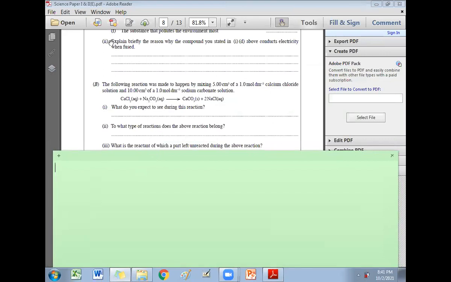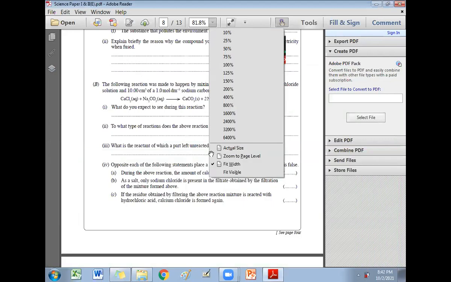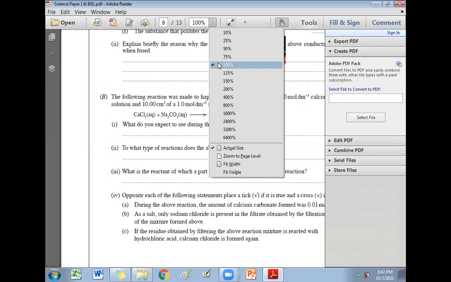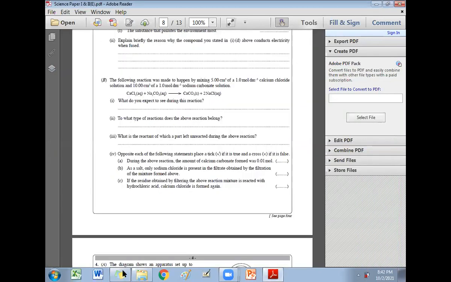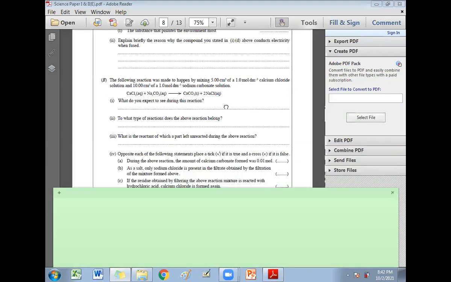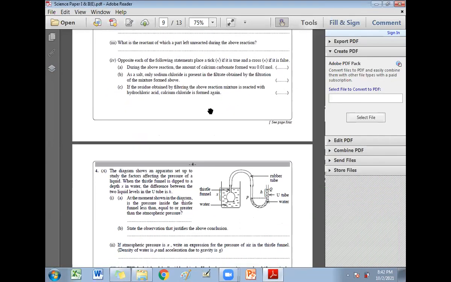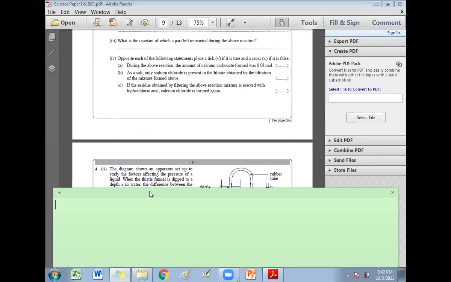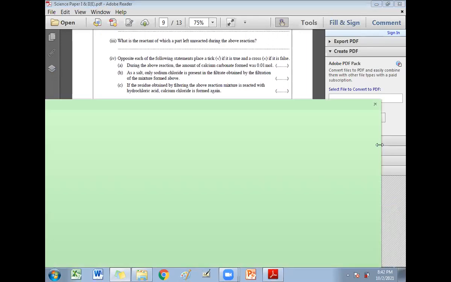Since unreacted sodium carbonate is left, that also will come to the filtrate. Please write the reason for the answer for part 4B: due to the unreacted sodium carbonate left.